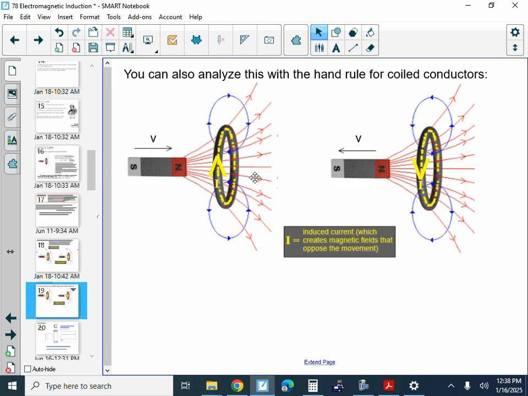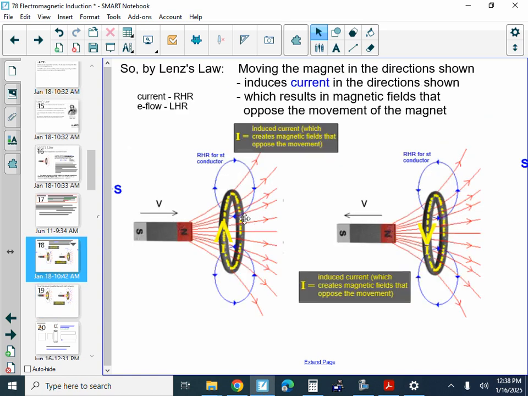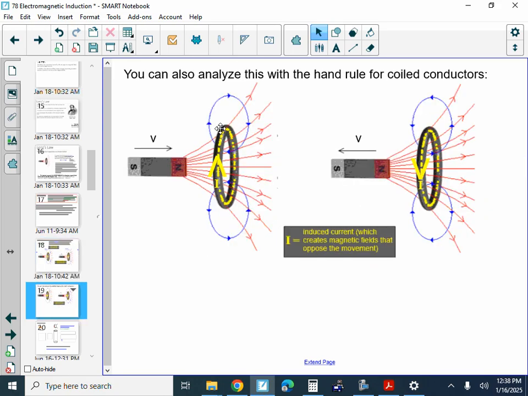You can analyze individual magnetic fields from each part of the coiled conductor, but using the idea of this being a coil and using the coiled hand rule is just a little simpler than having to analyze a whole bunch of spots of straight conductors. This is based on the hand rule for a straight current carrying conductor, a little cross section of it there.